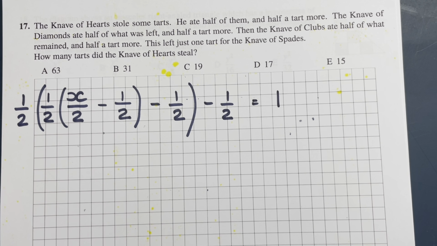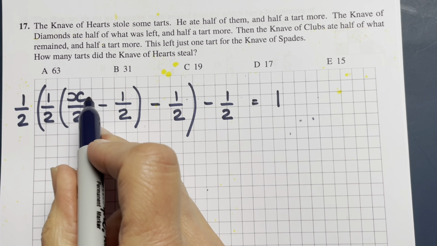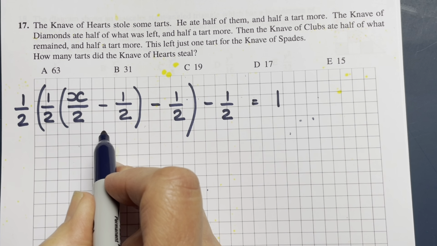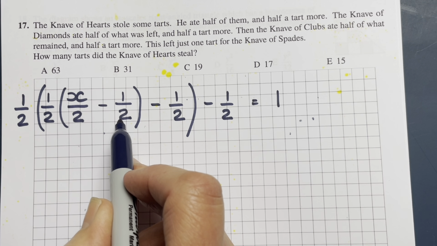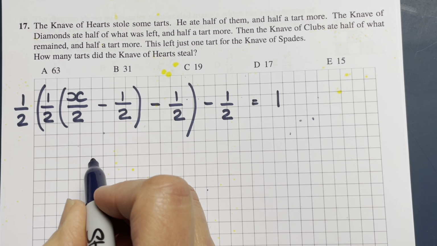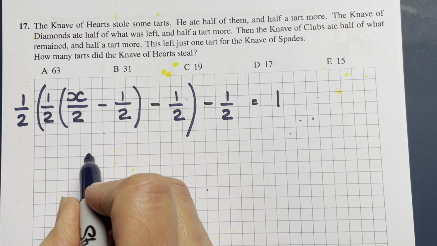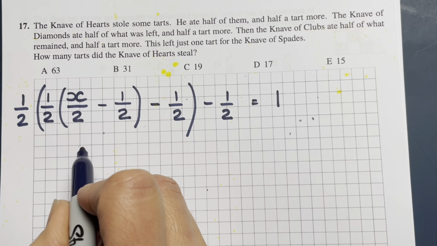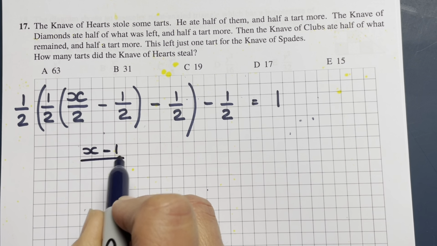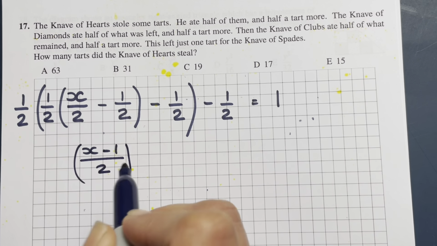So let's see what we need to do. Let's start by working with what's within the brackets. So we've got x/2 subtract 1/2. Let's just write that for now. So we've got x subtract 1/2, and we want half of that.